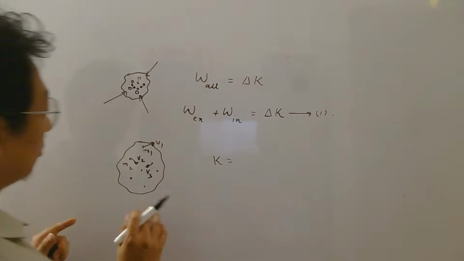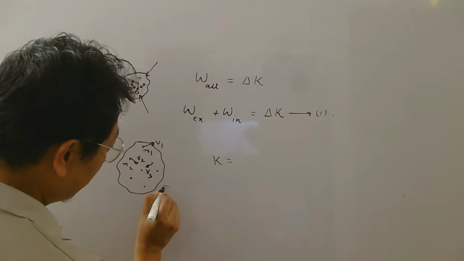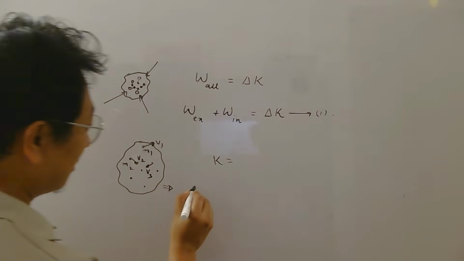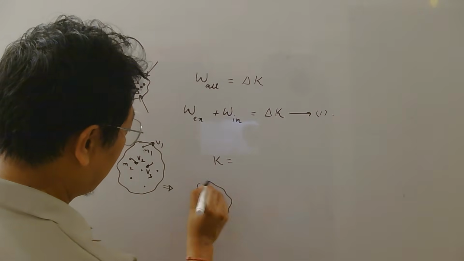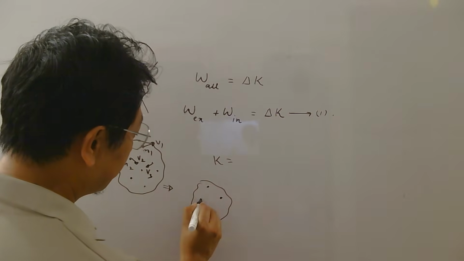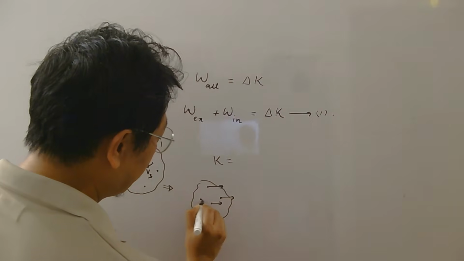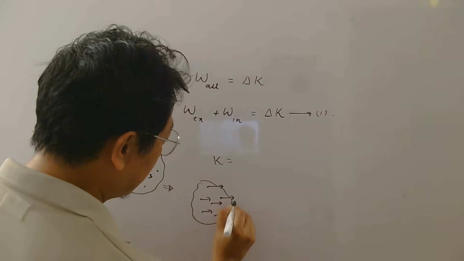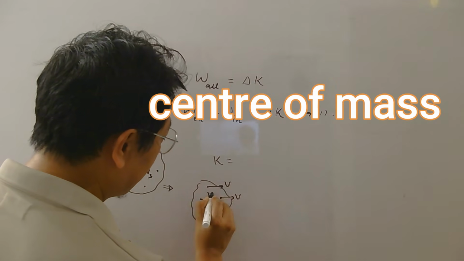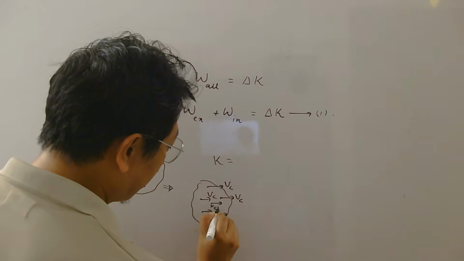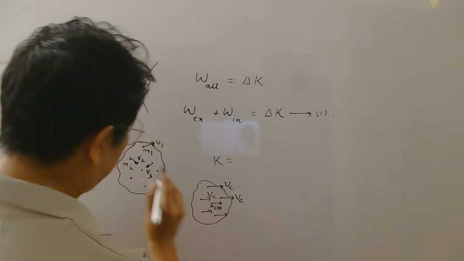So what we have to do is consider this motion as made up of two parts. One part is where all the particles are moving with the same velocity, the same as the velocity of the center of mass. There will be a point called the center of mass which is moving with some velocity.